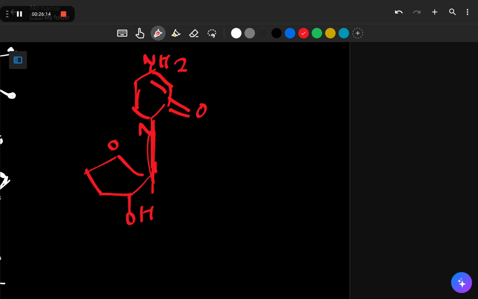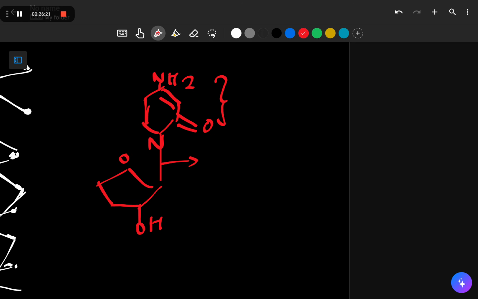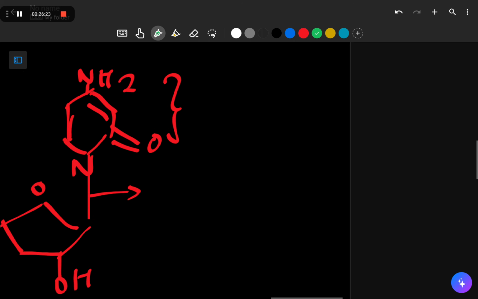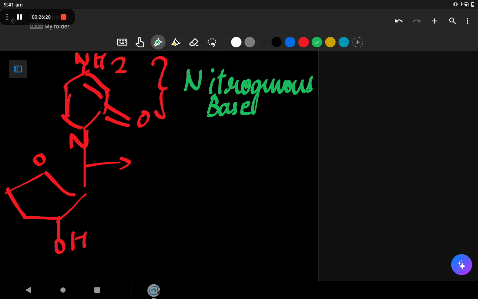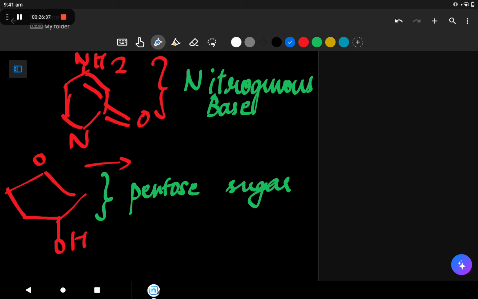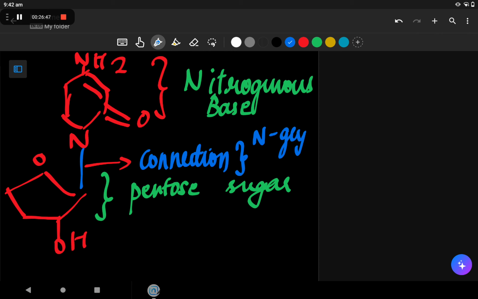This is the nitrogenous base, and down here is the pentose sugar. Then what is this? This is a bond connection, right? What is this connection called? What bond? N-glycosidic bond.